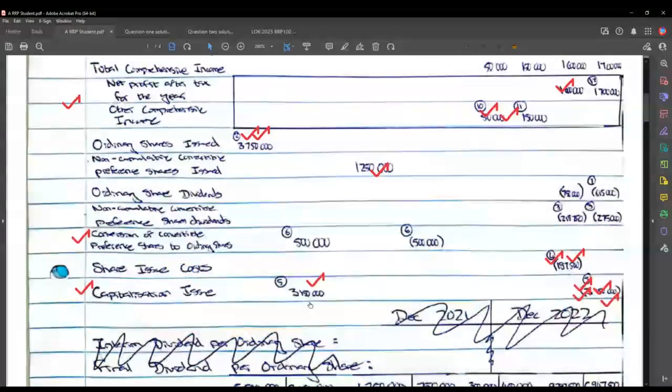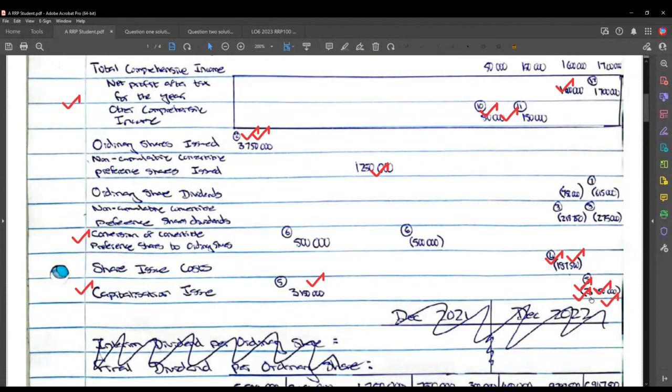So the half a mark is if they got the sign and the amount is the same as what they had deducted from retained earnings. So again, if they calculated the wrong amount, but they did the correct operation, so they correctly added it, they would get a half a mark here.